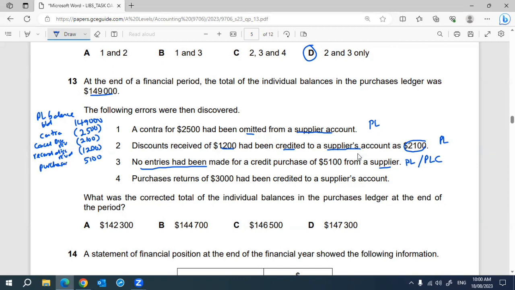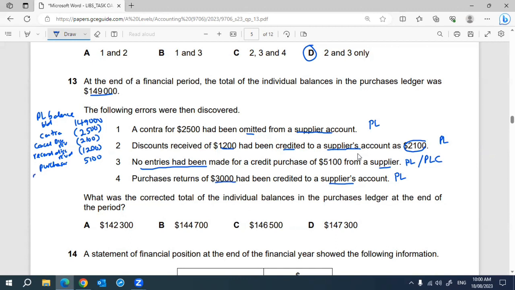Purchase returns of 3,000 had been credited to a supplier's account. So again, the supplier's account is mentioned here. This will affect the purchase ledger. So purchase return is something that we should be deducting or debiting. So we wrongly added 3,000 instead of deducting 3,000. So the first thing to do is to cancel this addition.